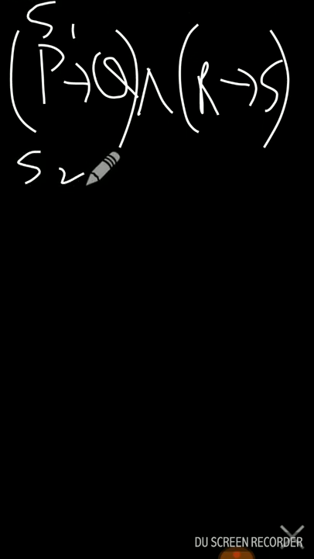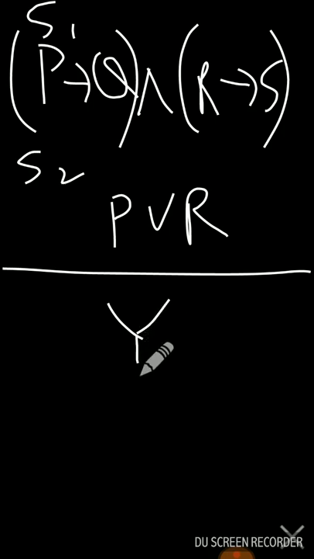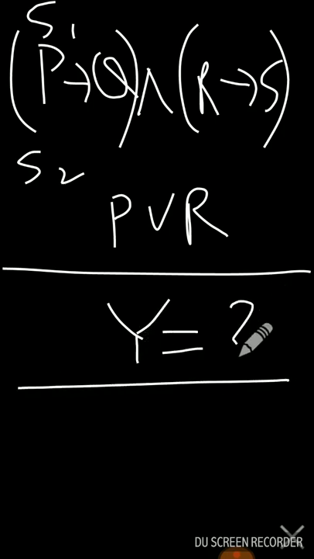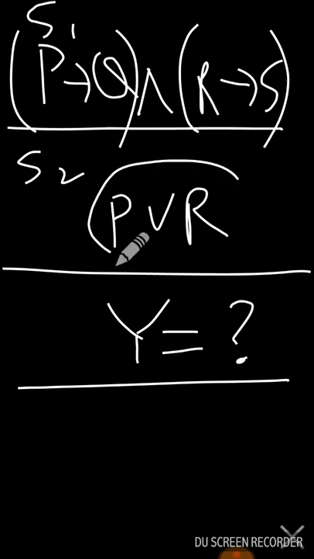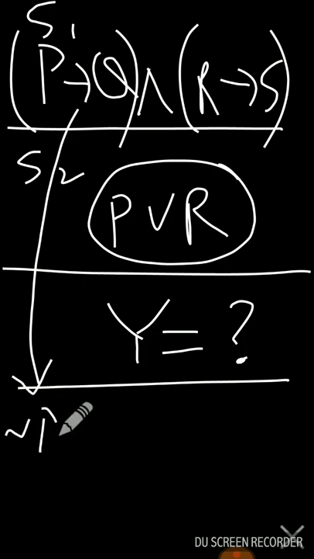Statement 2 is P disjunction R. After combining them we have a conclusion Y. What is this Y? We have to find it. Statement 2 is already in clausal form since we consider only disjunctions, and statement 1, P implies Q, will be converted.